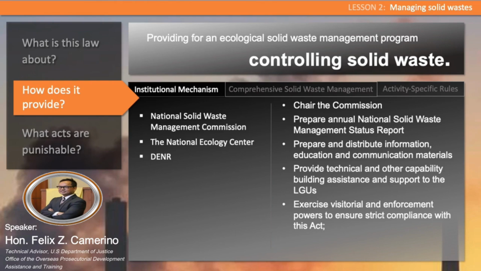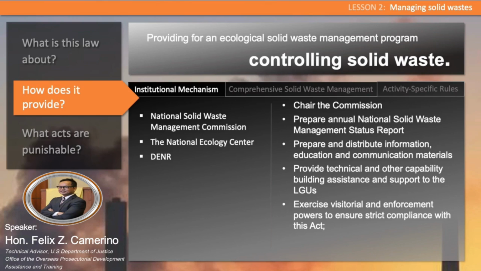Think of those as the ability to visit any entity that may possibly be subject to violations of provisions of this law. So the visitorial powers allow them to do, for example, spot checks, and cite people that are not in compliance. That's a very interesting power, at least as it relates to the subject of this course.